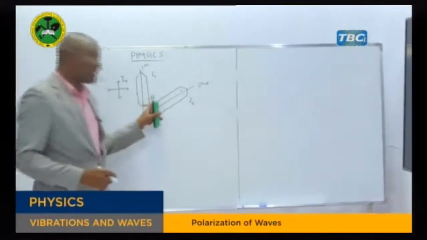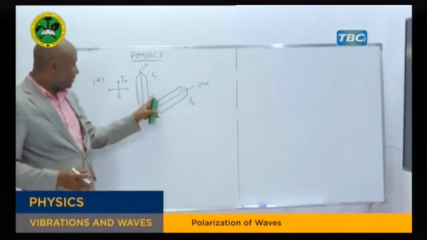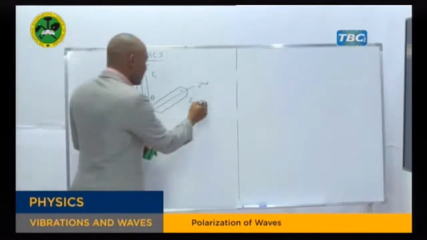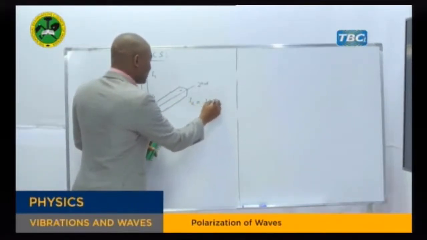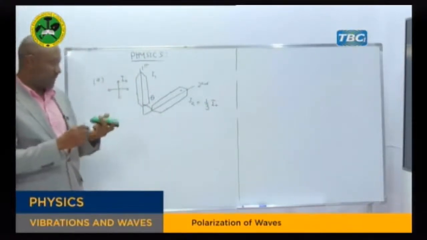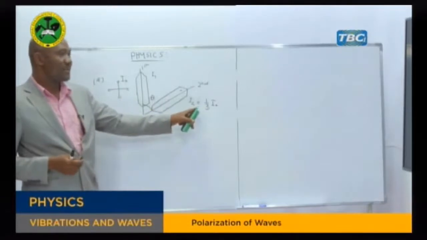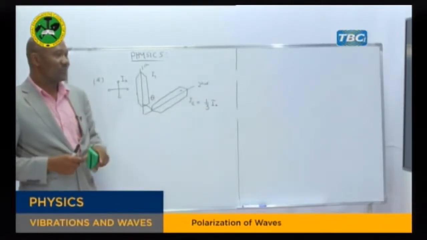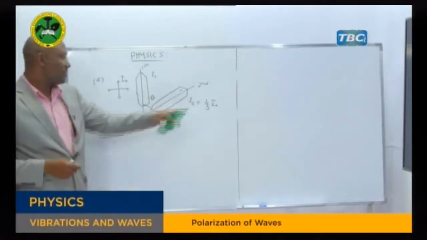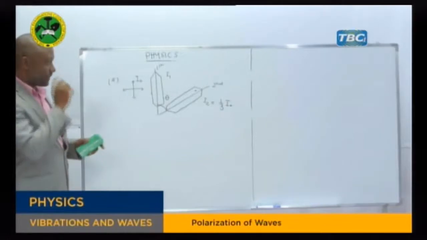How much should this angle be so that the intensity of the light produced here is 1/3 of the original value? The original value means I0. It reduces, because it is I0, it reduces to 1/3 of that I0.